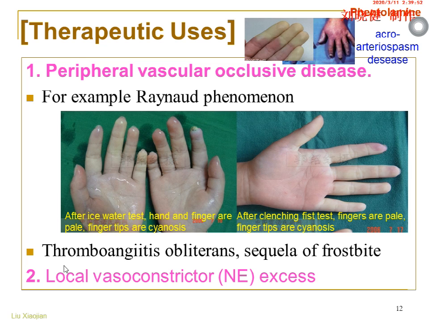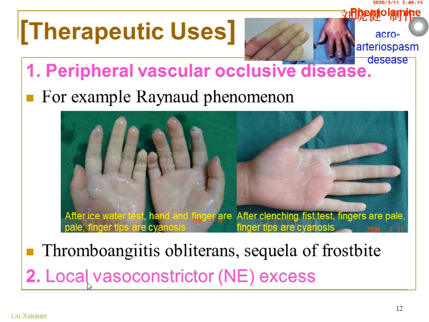The second use is that phentolamine is also used to treat local vasoconstriction caused by drugs like norepinephrine, when there is infusion outlet leakage as a local error of administration.